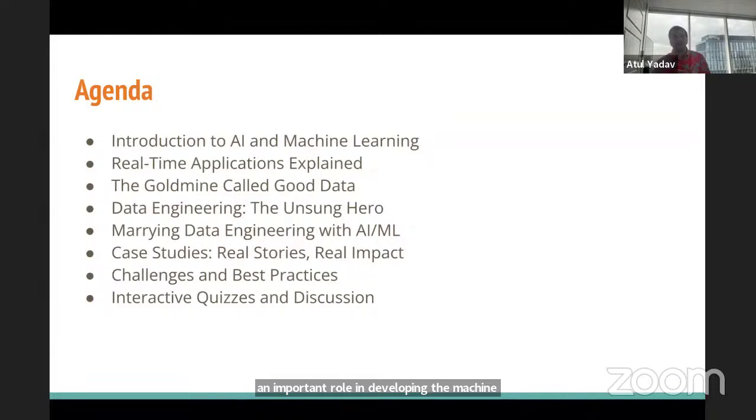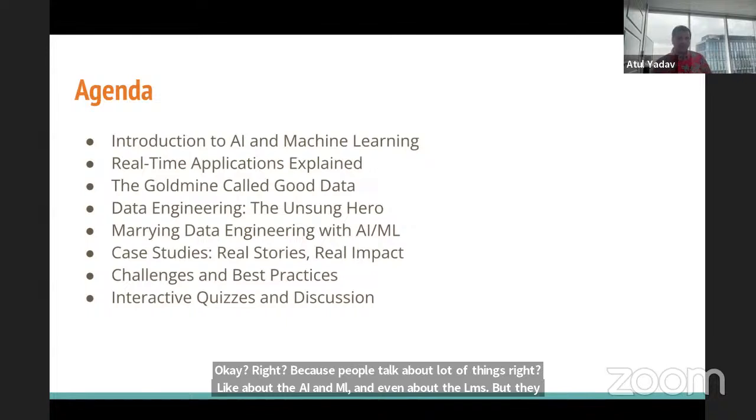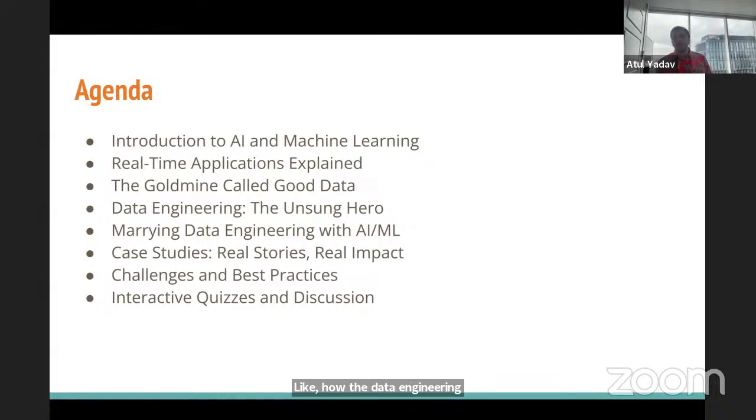People talk about a lot of things, like AI and ML and even LLMs, but they don't talk about how data engineering plays an important role. Then we'll discuss how data engineering complements the AI and ML models. After that, we'll look at case studies, the case study of a riding app, for example Lyft or Uber.